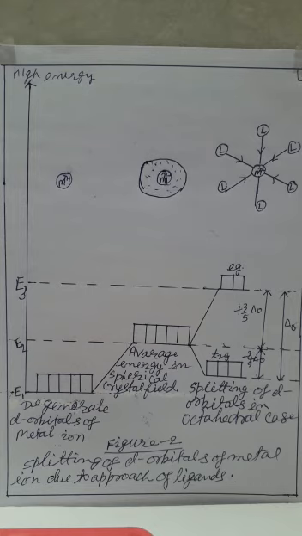Figure 2 explains the splitting of d orbitals of the metal ion due to the approach of ligands.